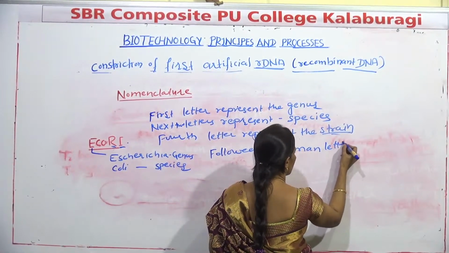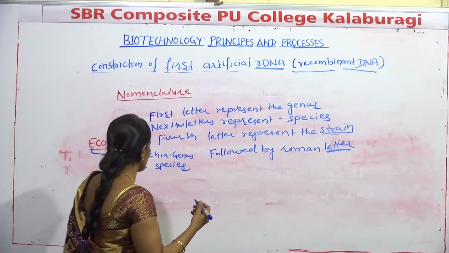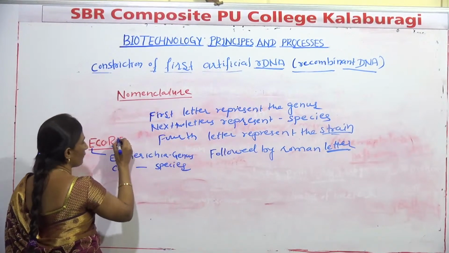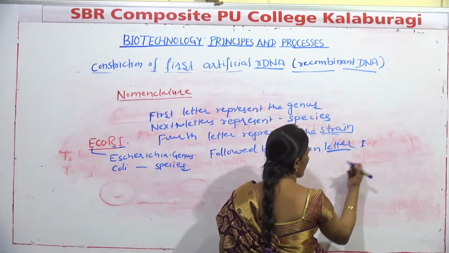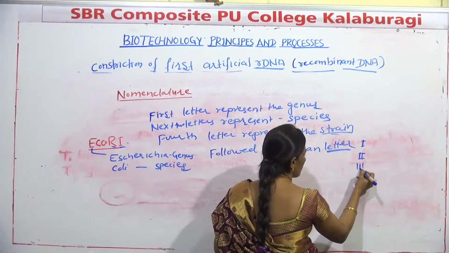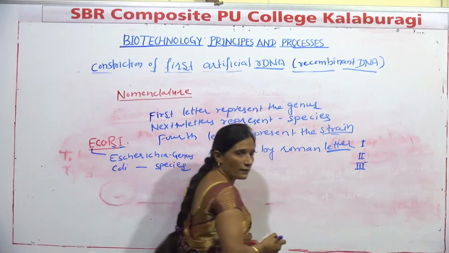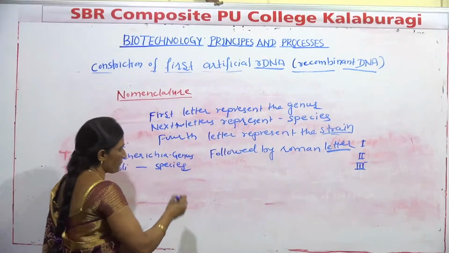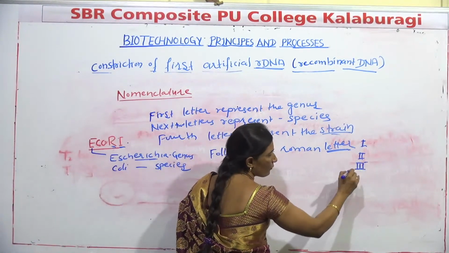If it was discovered first, then we give the Roman numeral I. If it is discovered second, then it is given II. If it is discovered third, then we give III. So restriction enzymes may be I, II or III, not 4, 5, 6.